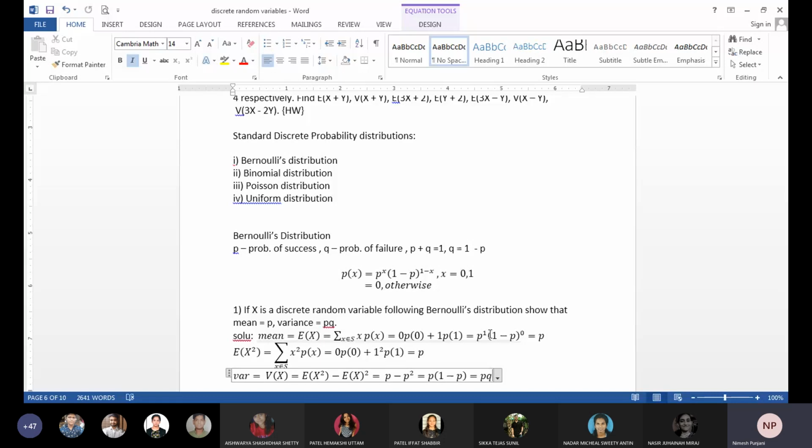So we get the variance as pq. This you can treat as the formula for mean and variance for the Bernoulli distribution.